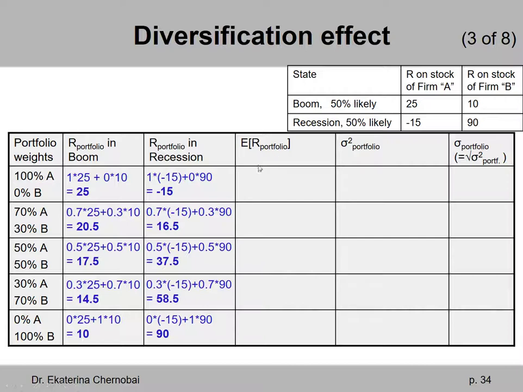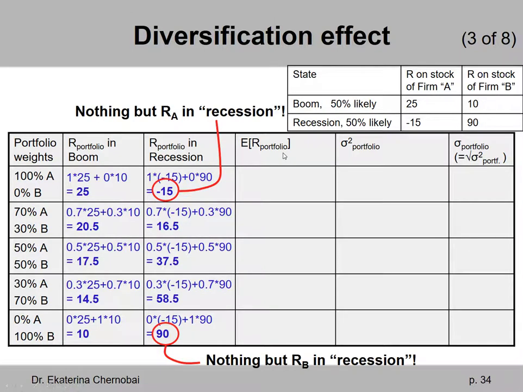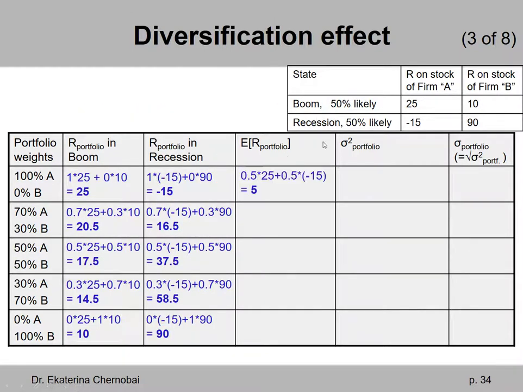So to calculate the expected return on the portfolio, we need to use the probabilities of boom and recession, which are given as 50% and 50%, two equally likely states. So we multiply the probability of the boom state of the economy by the return of the portfolio in the boom state of the economy.